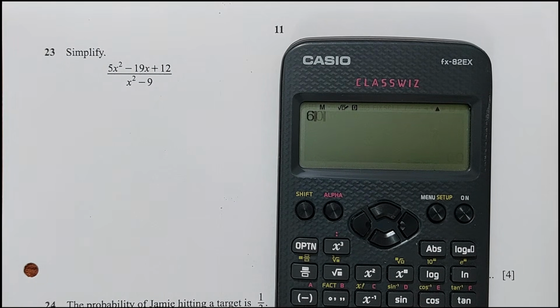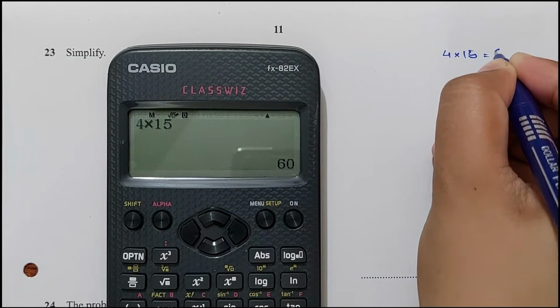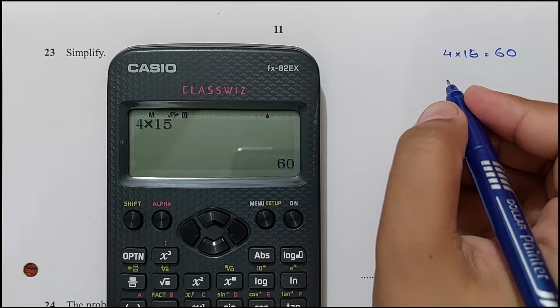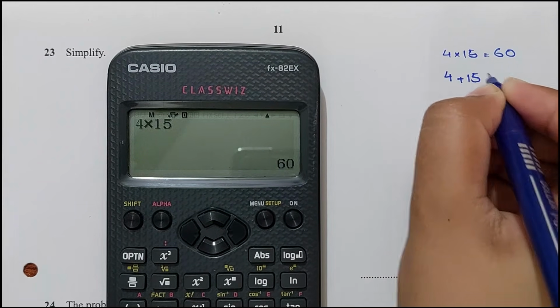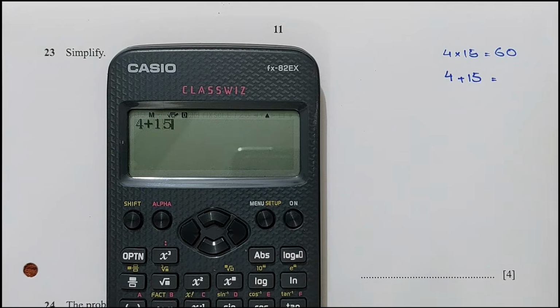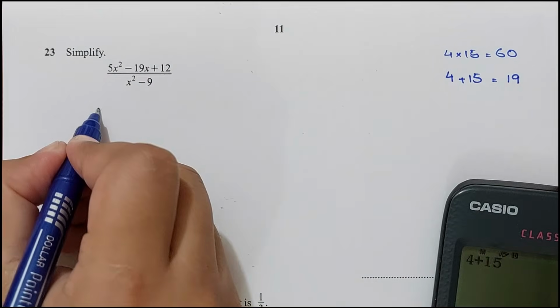Okay, so 60 is divisible by 3 as well. 3 times 20 is 60. 20 plus 3 or 20 minus 3 is not 19. Let me take 4. 4 times 15 is 60. Yes, 60. And if I take 4 plus 15, this is 19 with a negative sign with both, right?